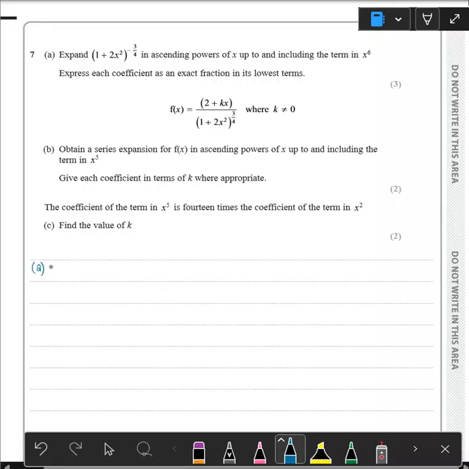they have given us an expression, (1 + 2x²) to the power negative 3/4, and they have asked us to expand it.